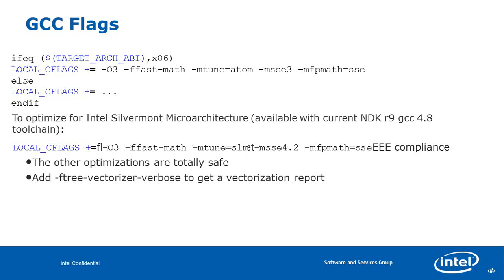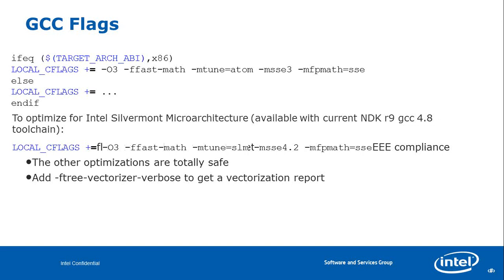So these kinds of optimizations can be achieved using -ffast-math, and the -mtune flag gives you CPU specific instructions for optimization. For example, when you mention mtune equal to atom, this is going to optimize your C++ code for the Atom platform. And when you give mtune equal to slm, that is for Silvermont.